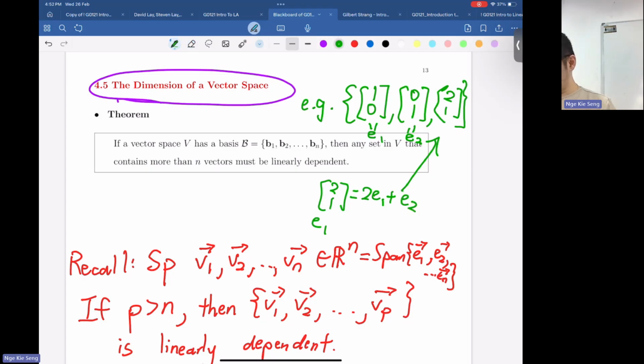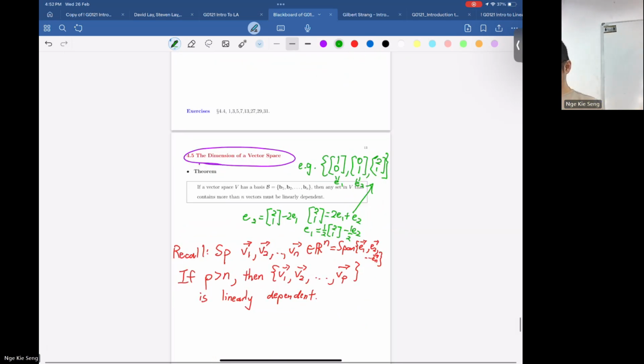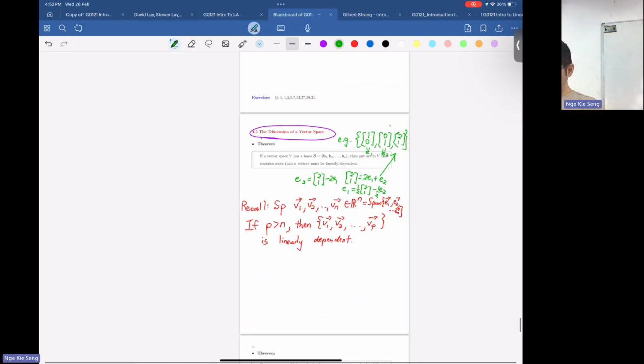Then you can write E1 as ((2, 1) minus E2) divided by 2, or you can write E2 equals (2, 1) minus 2E1. You can throw any one of them away. So far, okay?